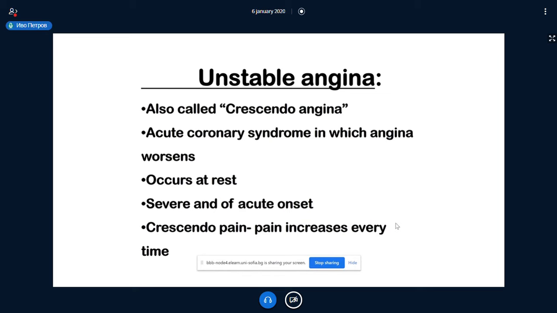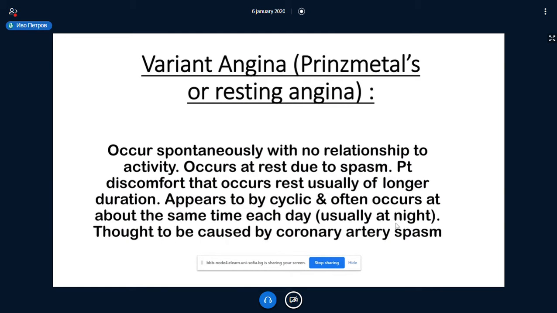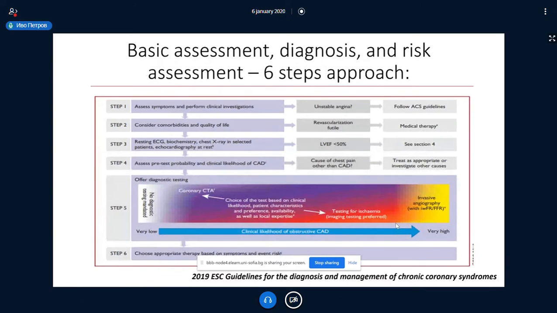We are going to speak more about unstable angina in the second part of the lecture. One of the variants of the chronic coronary syndrome is the Prinzmetal or variant angina. It's usually considered that the spasm is the most frequent cause.